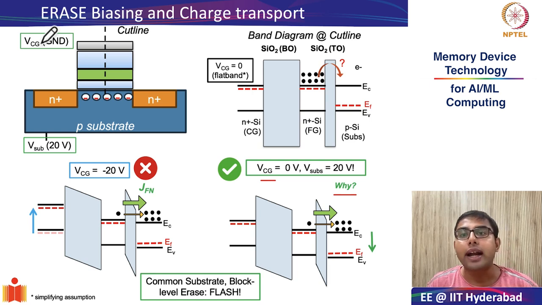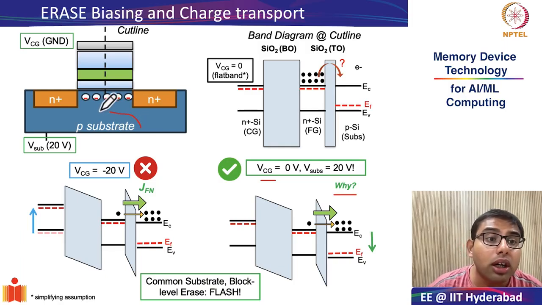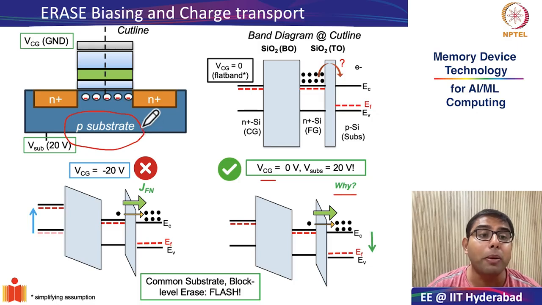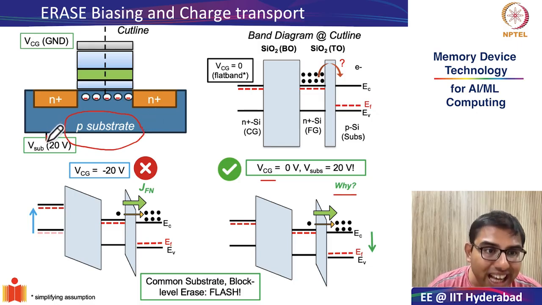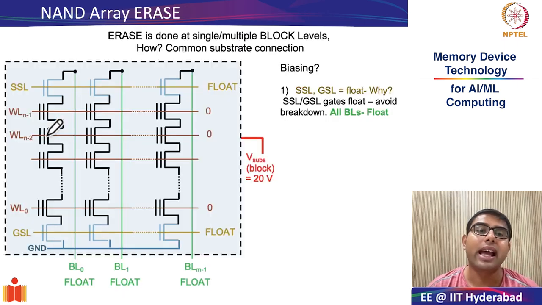You ensure that all the transistors in the block have a common p-type substrate. If they have a common p-type substrate, they have one connection which is common to all these transistors from the substrate. And at just one go, you can completely erase the contents of all the cells in the block. Okay, so let us see how that is done at the array level.